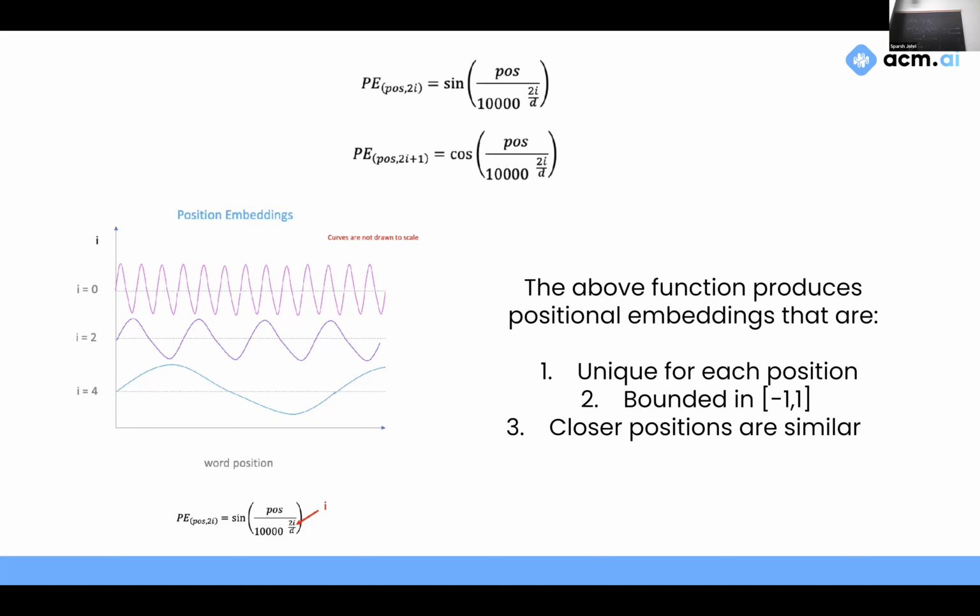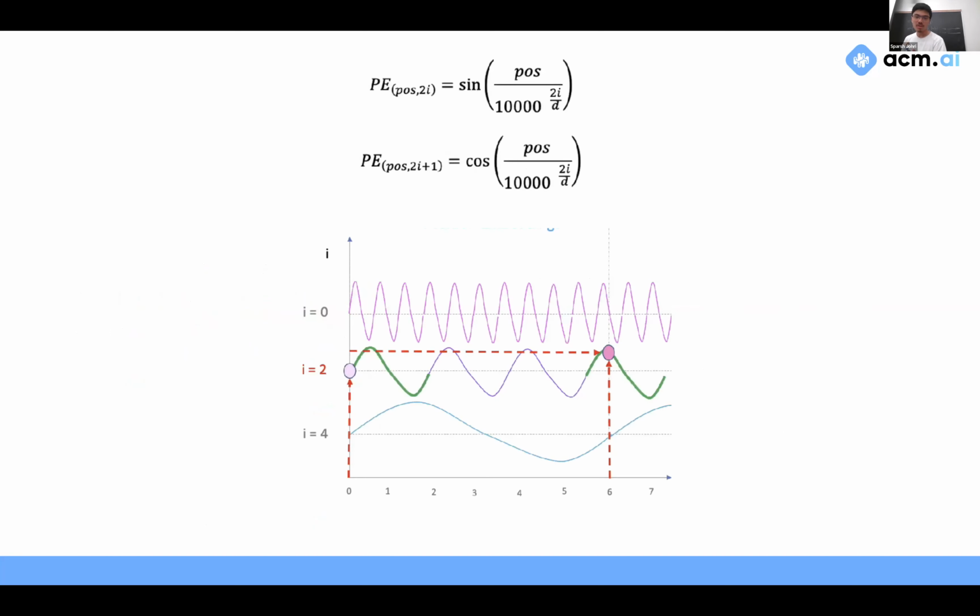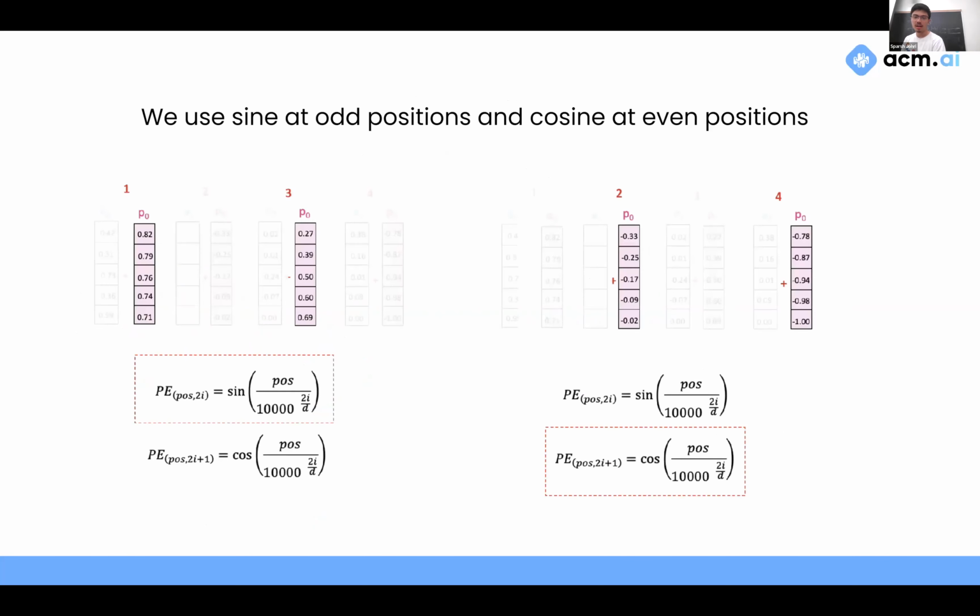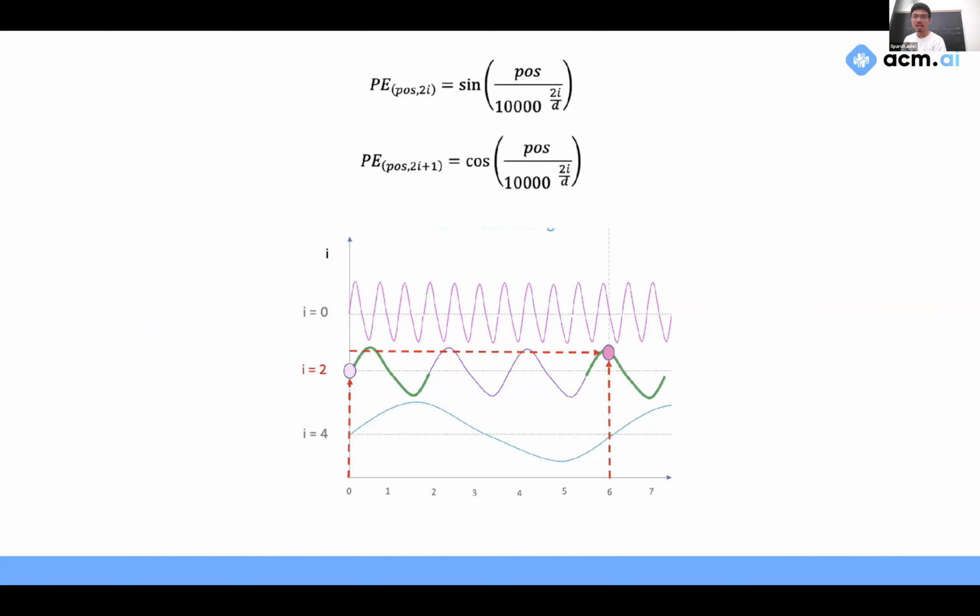It can still encode position without ruining the semantic meaning in that vector space. Yeah, that's pretty much what you do.